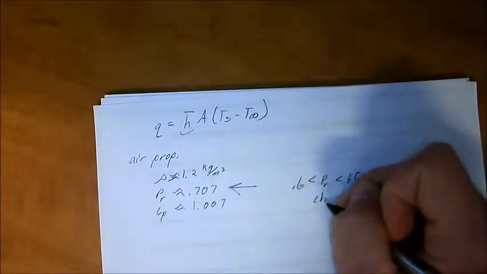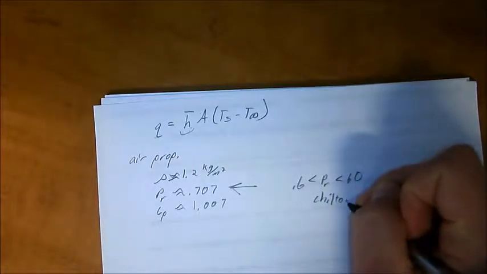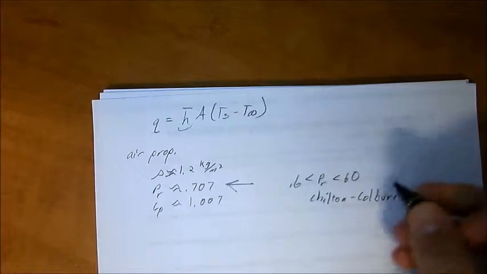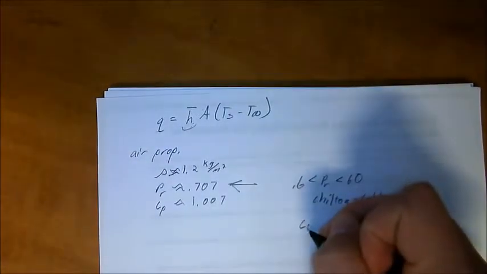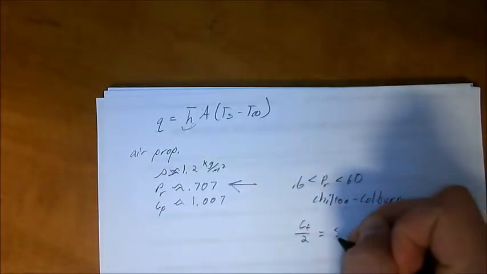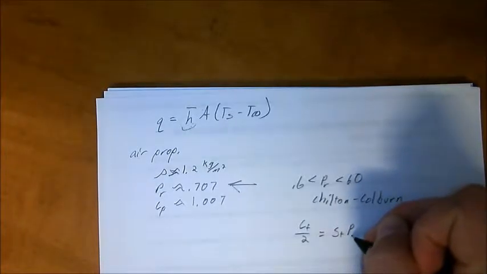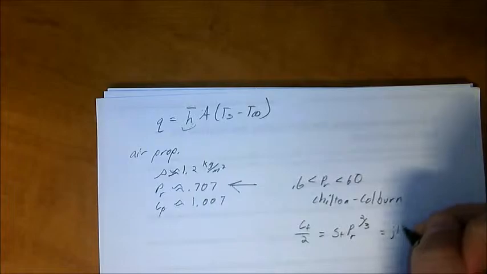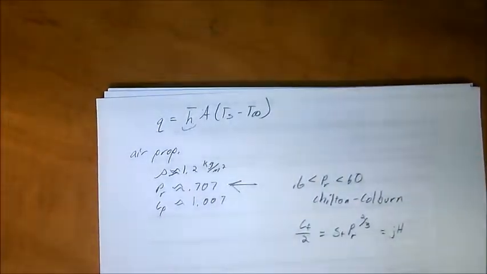Which means that we can use the Chilton-Colburn analogy, which gives us an equation of Cf over 2, which is equal to Stanton number times Prandtl number to the 2/3, which is also equal to jH, in case you happen to use that.